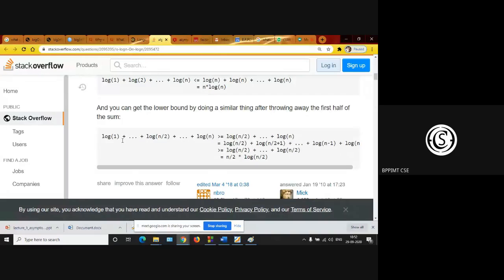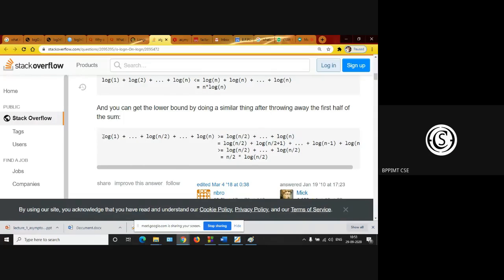So lg1 plus lg2 plus lg3 plus up to lg n by 2, plus lg n by 2 plus 1 plus lg n by 2 plus 2 up to lg n. So lg n by 2 is the middle portion from lg1 to lg n. Now this is the entire portion starting from 1 to n, and it is greater than or equal to the second half, lg n by 2 plus up to lg n. Is it fine?